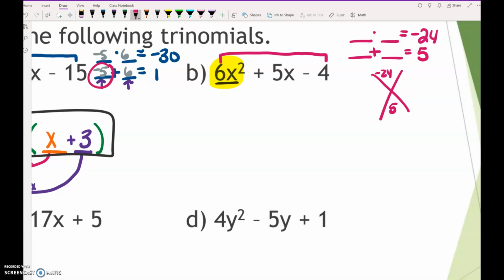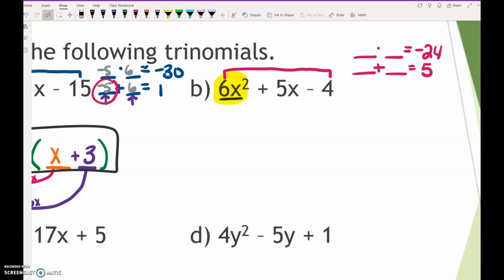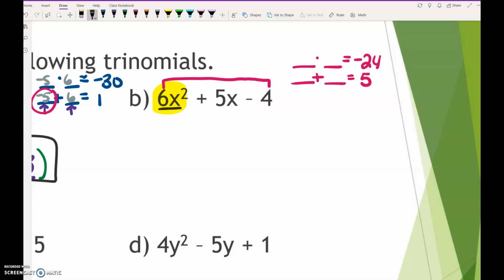What I don't like about that x thing is that you have to remember what each number stands for, and I tend to not remember those things, so that's why I do the blanks. What 2 numbers satisfy that little puzzle? If you need to, we've got 1 times 24, 2 times 12, 3 times 8, 4 times 6. It would be -3 and 8.